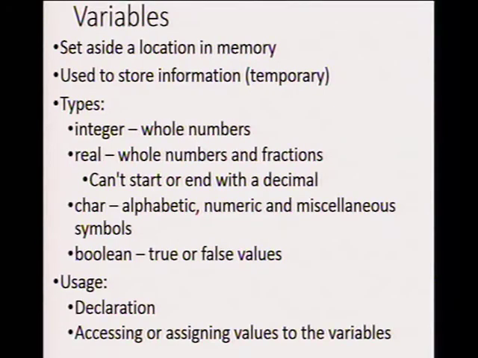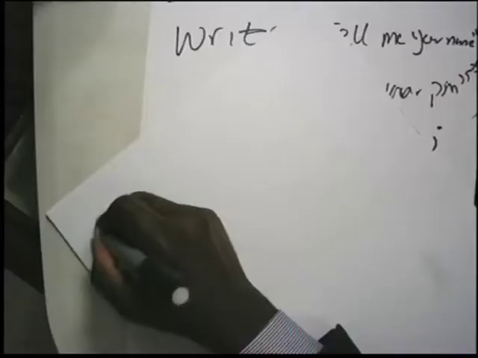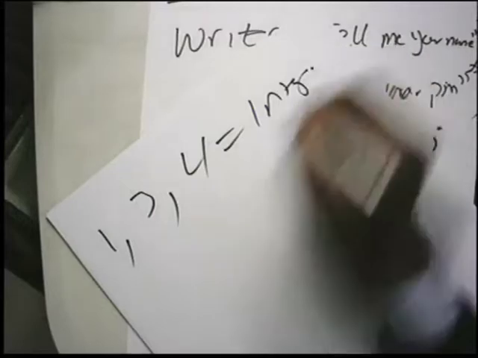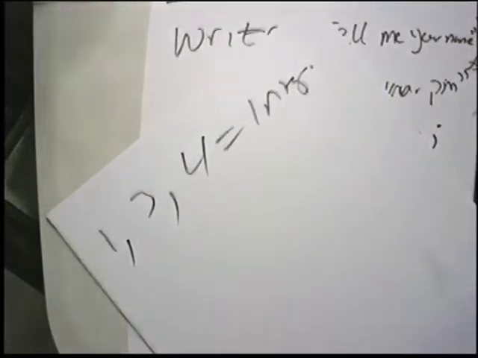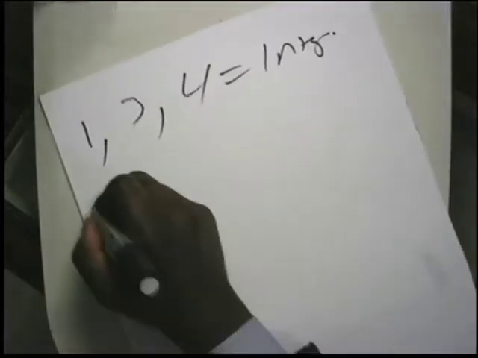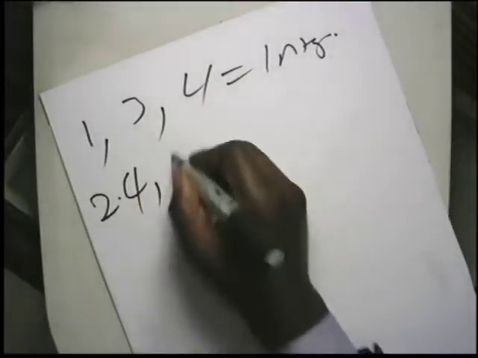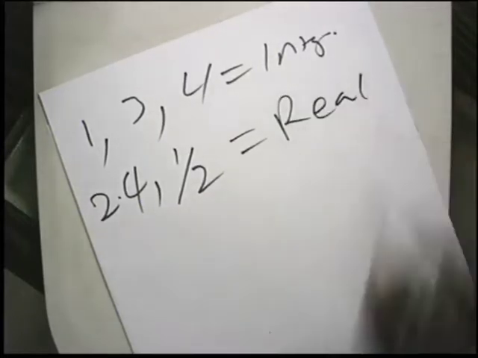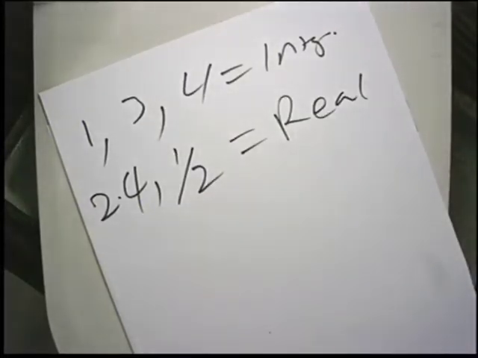Let me illustrate. If I say 1, 3, 4, these are integer variables. They are numbers without decimal points. If I say 2.4, 1/2, these are real variables.